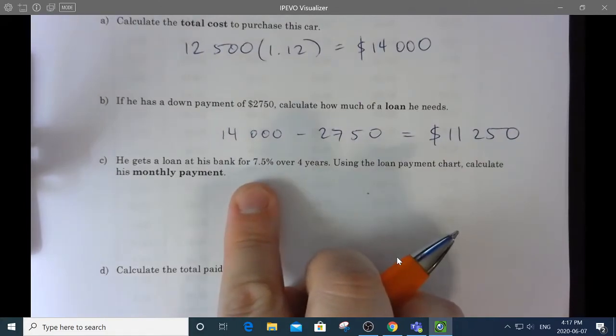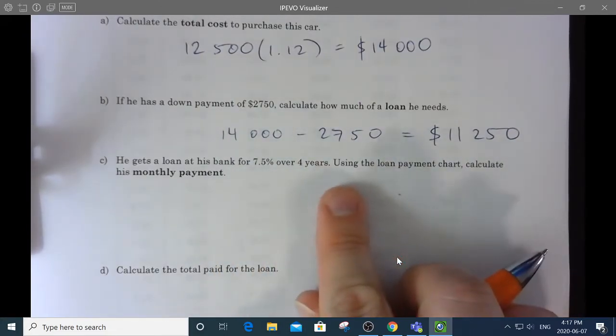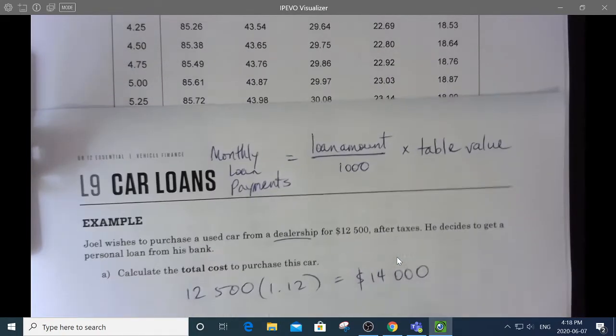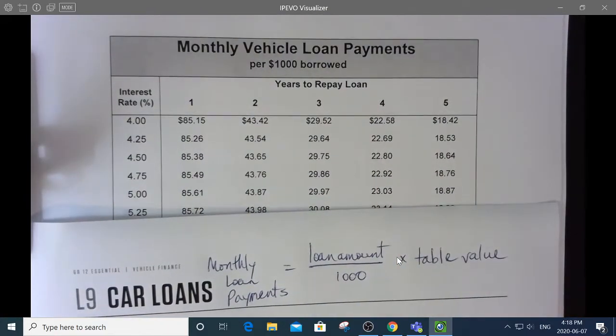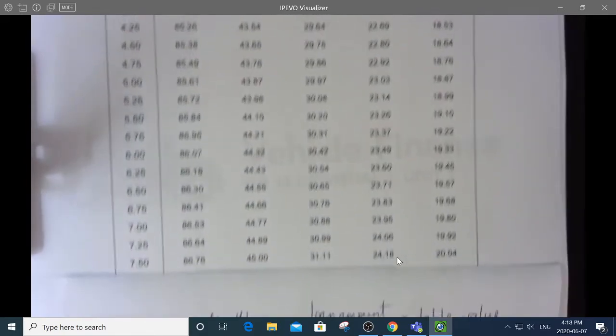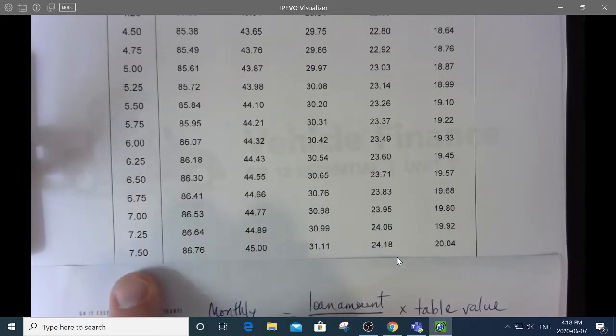And here's where we get to use our new formula. The bank is going to offer him 7.5% over 4 years, using the loan payment chart, calculated as a monthly payment. So 4 years is this column here. 7.5%, so I go down to the 7.5% row. And 4 years, that's $24.818.